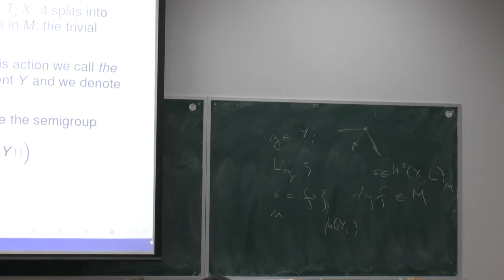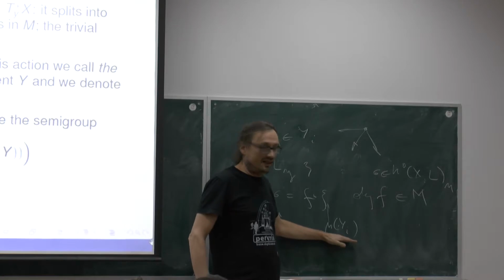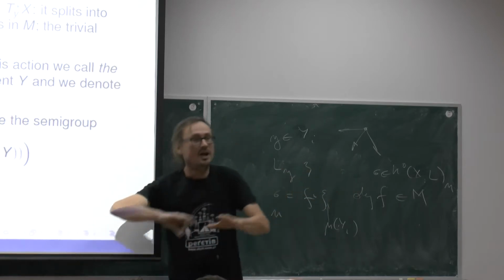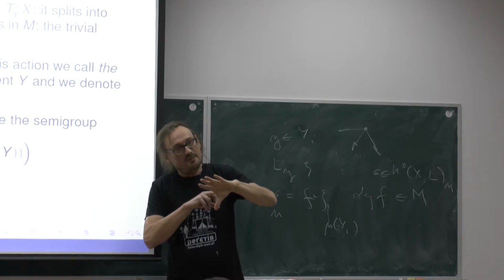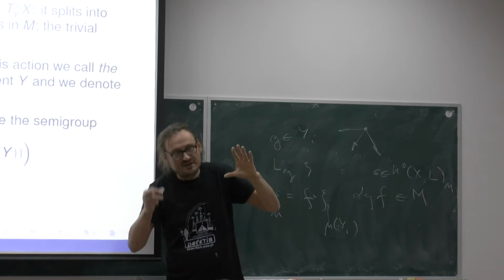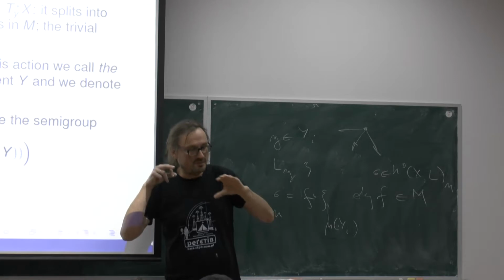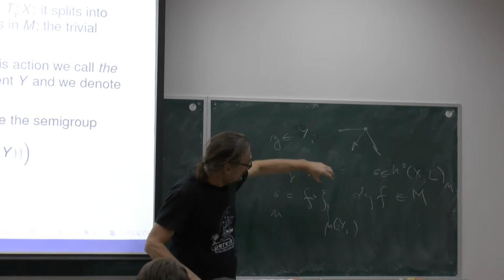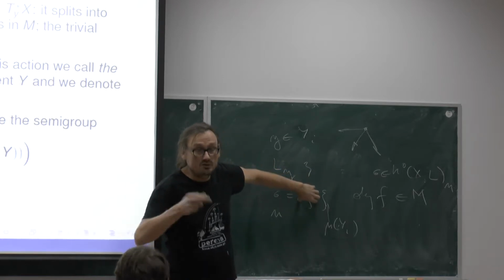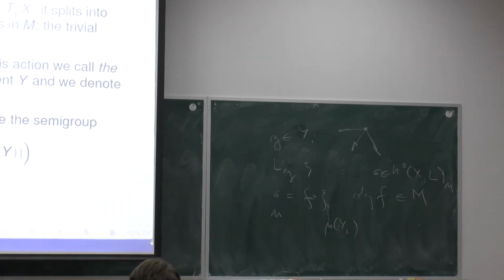So every section after normalizing, so after subtracting the character associated to the fixed point component, or shifting the whole polytope so that this vertex becomes zero, or more generally, not necessarily a vertex, but the eigenvalue associated to this fixed point component becomes the center. Every section is written as some polynomial whose degree is described in terms of the elements of the compass. Okay, so that's this first remark.